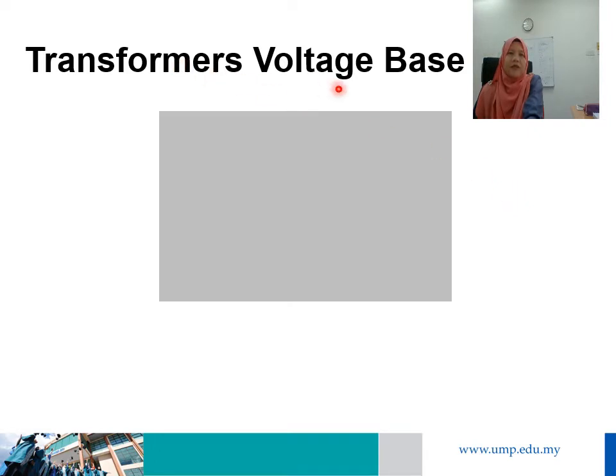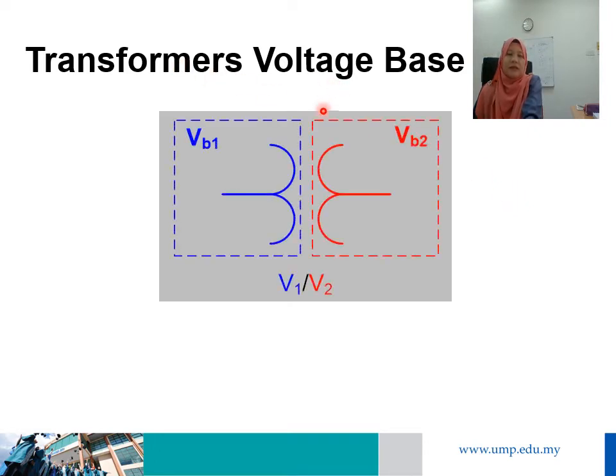For the transformer voltage base, we have the primary side with the voltage V1 and the secondary side, whose voltage is denoted as V2.